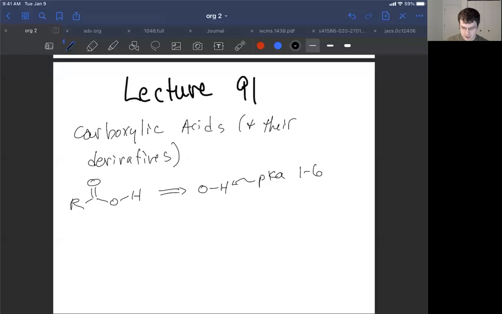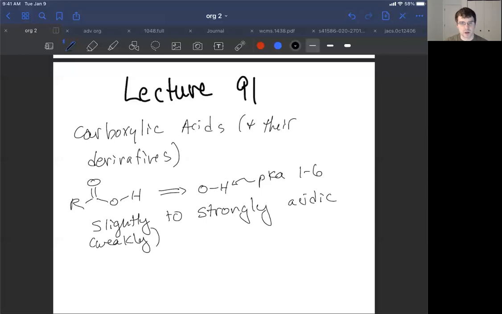But the point is these things are at least slightly acidic, but they can be strongly acidic. Slightly, a better word for that is weakly, right? We have strong and weak bases and acids.